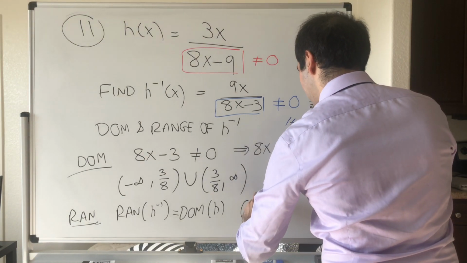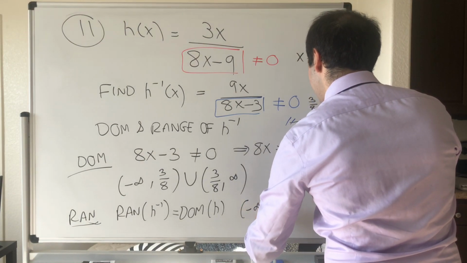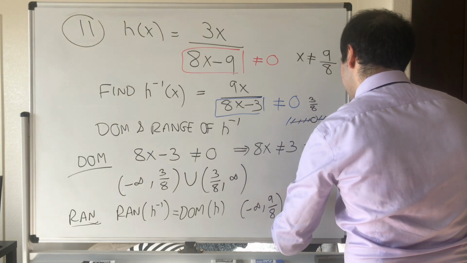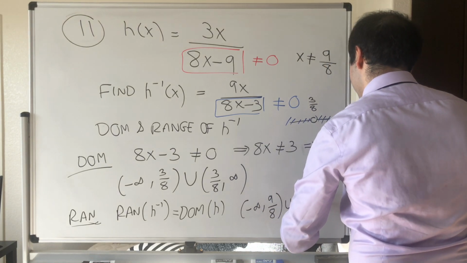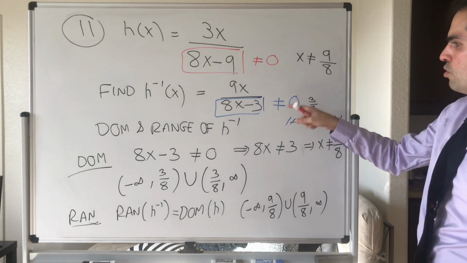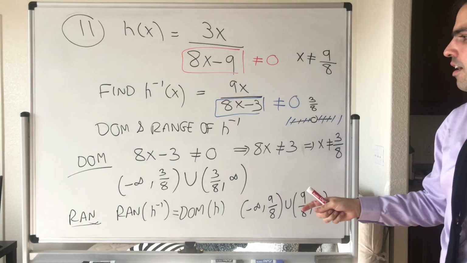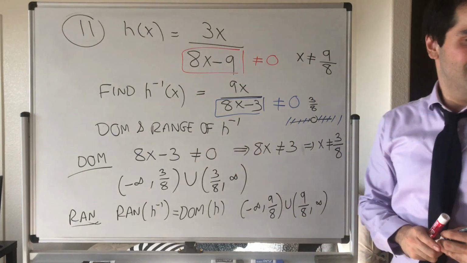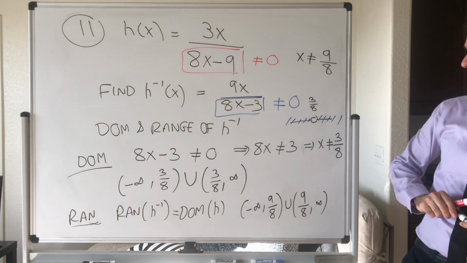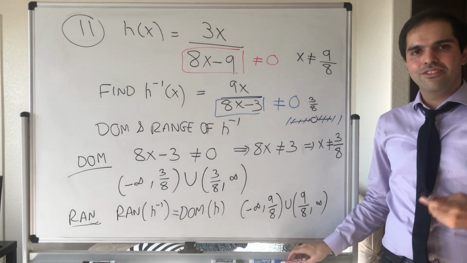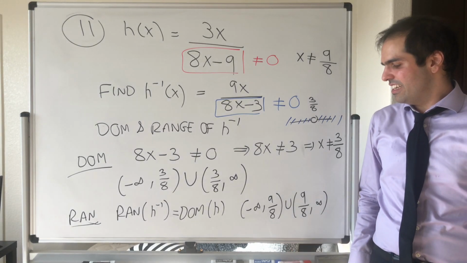So the answer is minus infinity to 9/8 union 9/8 comma infinity. Again, you just literally repeat this, but we replace 3 by 9, I believe. So again, that's why inverses are nice. They allow us to find domains and ranges very easily.